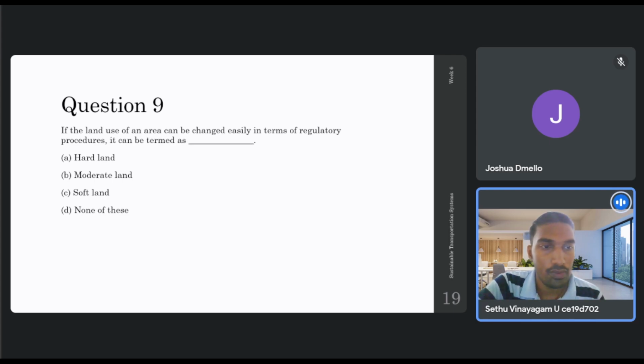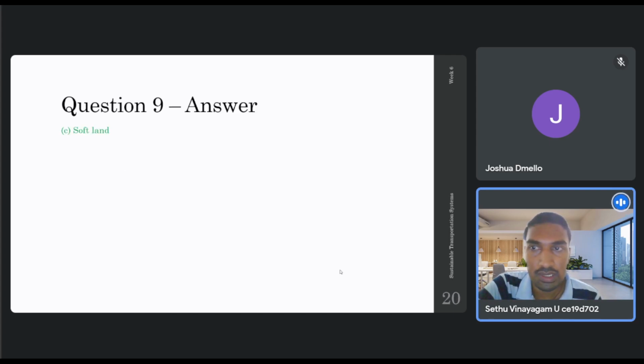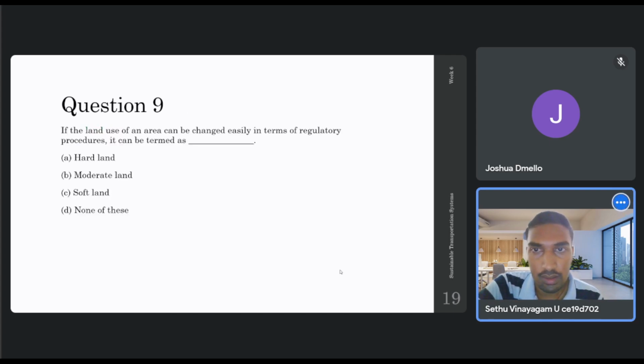Okay, so we have one more for option D, none of these. So the right option is option C, it is soft land.